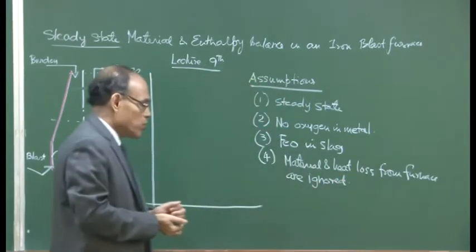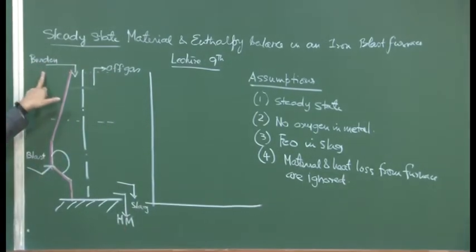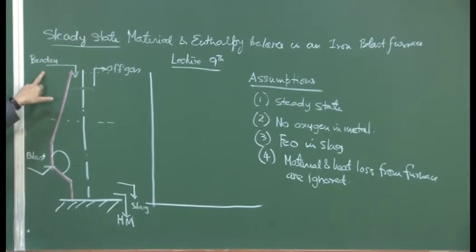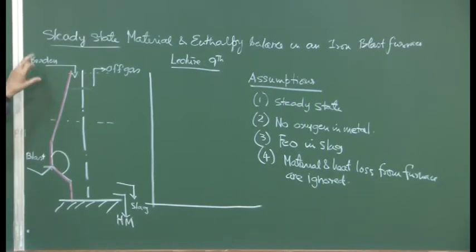It is understood that if my burden material, the coke, is pure, and my iron oxide, iron ore, is pure, in that case there is no gangue material which will form the slag phase, because the entire carbon, coke, will combust to carbon monoxide.